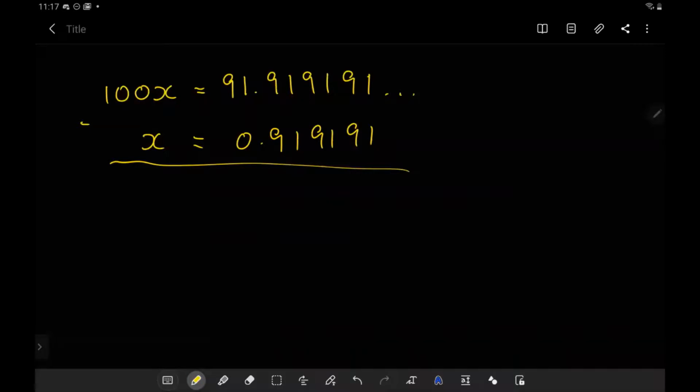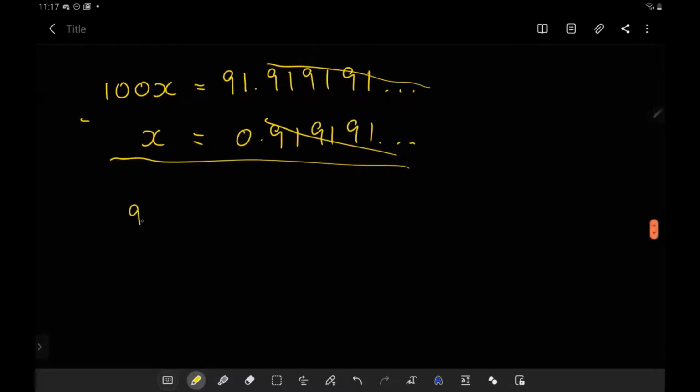we see this whole infinite tail is cancelled because 9 minus 9 is 0, 1 minus 1 is 0, 9 minus 9 is 0, and it goes on like that forever. So it will actually cancel off each other. And I know what 100x minus x is. If I have 100 of something and I subtract one of that something, how much do I have? 99.